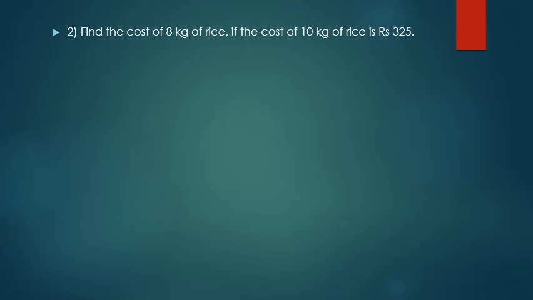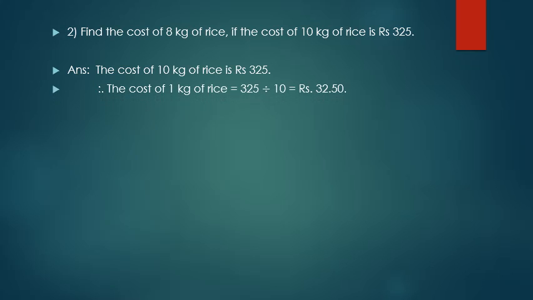Second sum. Find the cost of 8 kg of rice if the cost of 10 kg of rice is rupees 325. The cost of 10 kg of rice is 325. Therefore, the cost of 1 kg of rice is, you need to divide, 325 divided by 10.